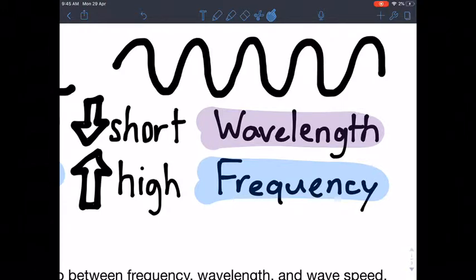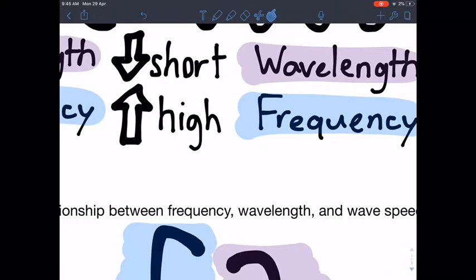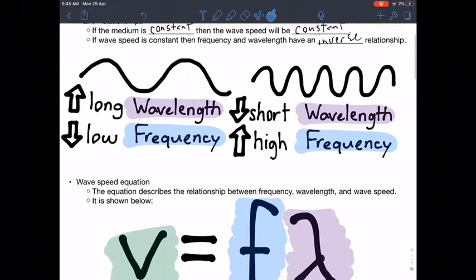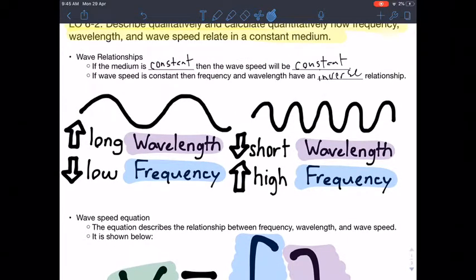We should know this from the previous learning objective: if the waves are all moving at the same speed, higher frequency waves have to be compressed closer together and have a shorter wavelength. So just knowing that inverse relationship visually is really helpful. That's how we will describe it qualitatively: just being able to look at a wave and say, is that a long wavelength or a short wavelength? Is that a high frequency or a low frequency? Remember that it's an inverse relationship.